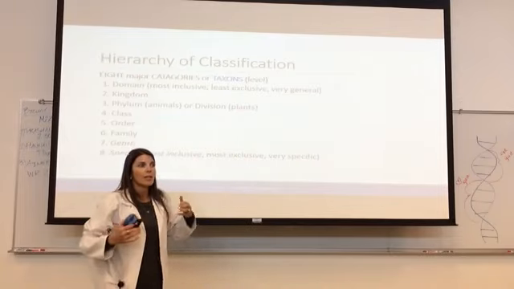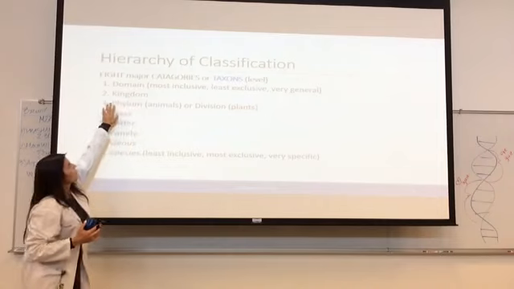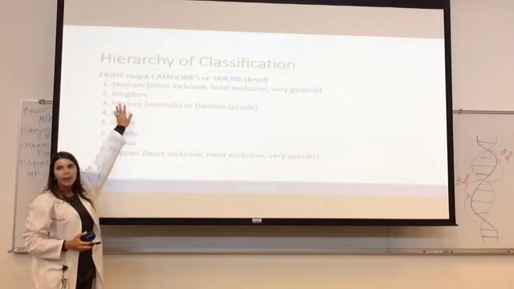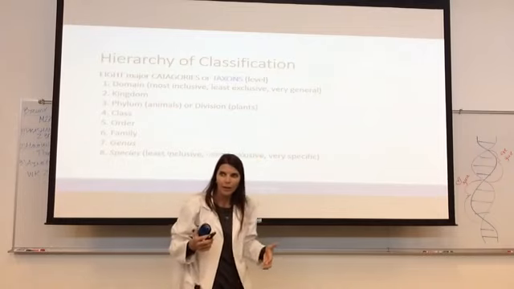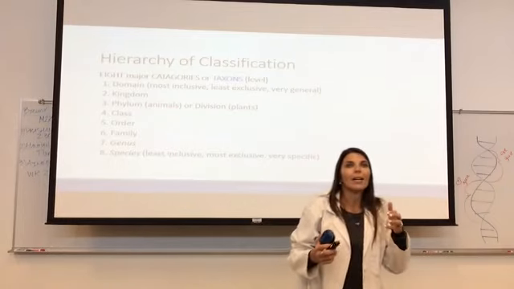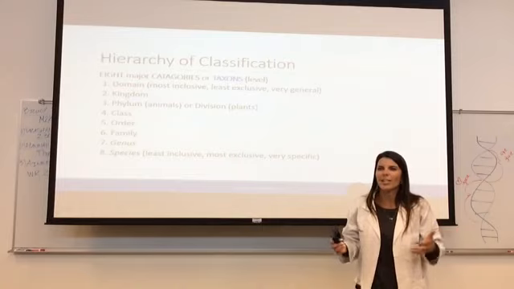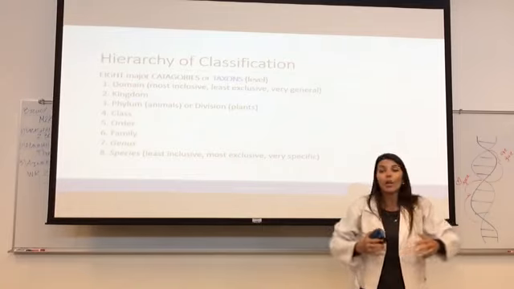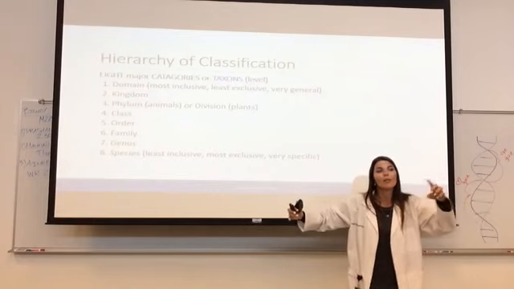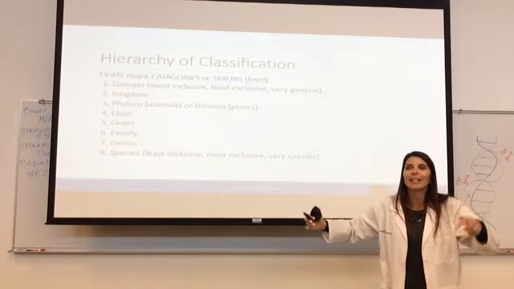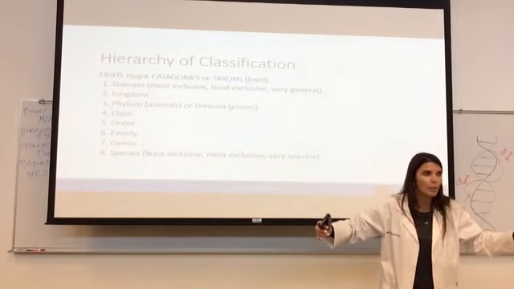It's a level. So I started here with the largest one, domain. And out beside these, I added terms to make it more specific. Domain is most inclusive. What does that mean? It includes everything. It's most inclusive. That could also be stated by saying it is the least exclusive, which means what?